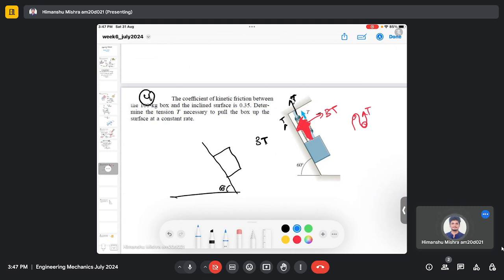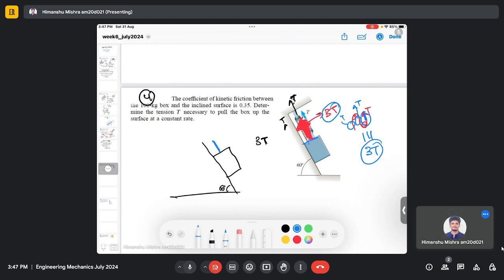Just to recap, here we have a tension force exerted at this part of the rope, in this part again there will be a tension force T, and again in this part we have a tension force T acting. So the overall tension force will be 3T. So this 3T is the equivalent tension force which will be acting here.